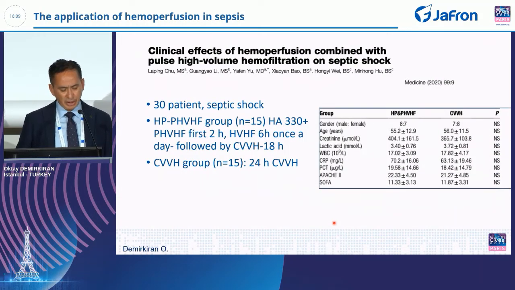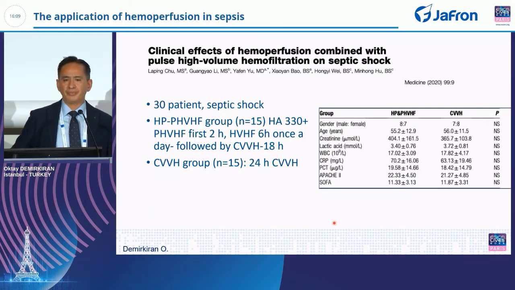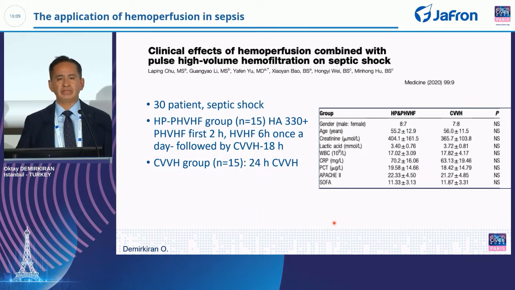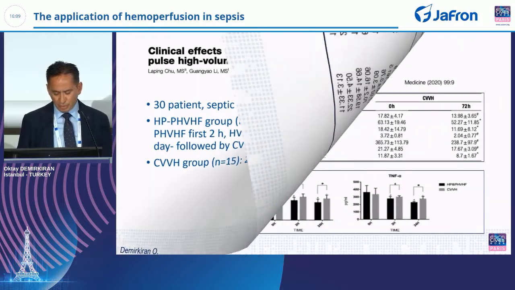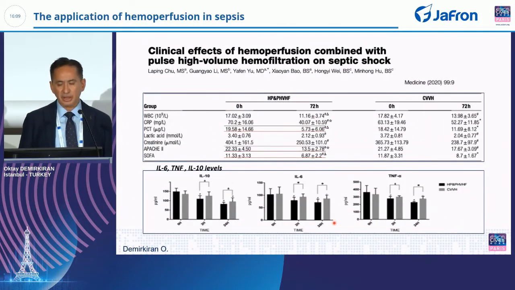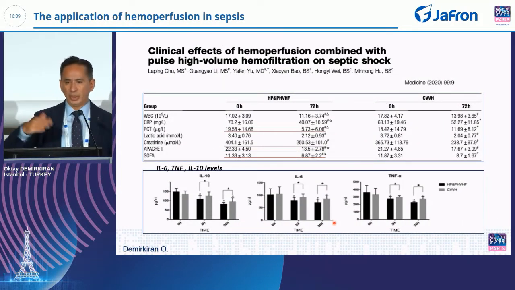And this is another study by Chu, 30 patients in septic shock. They used hemoperfusion with pulse high-volume hemofiltration, and the other group had only continuous venovenous hemofiltration. They compared the hemoperfusion group with high-volume pulse hemofiltration.